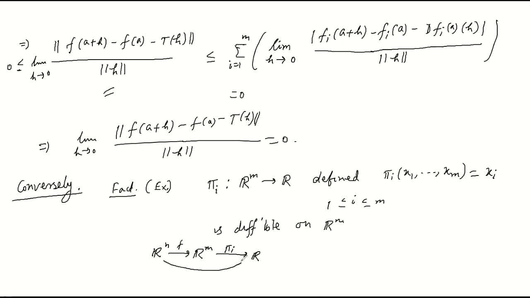The composition is pi_i composed with f, and we know the ith component function of f, f_i, is equal to pi_i composed with f. Therefore if f is differentiable, and pi_i is also differentiable, the composition pi_i composed with f is differentiable from the chain rule.